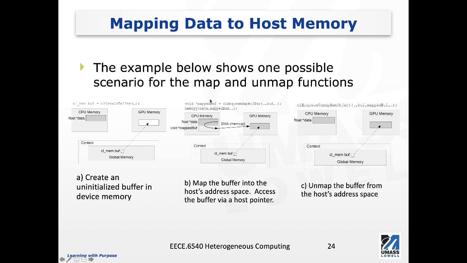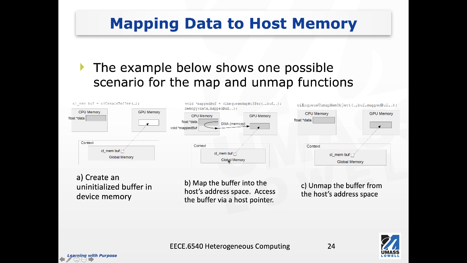As if you do a malloc on the host side, and that returns a valid pointer. So this pointer can then be used in a similar way as when you create such a pointer using malloc. So all the following operations that are performed on this mapped buffer will in fact take place in the device memory. But to the programs on the host side, it sees this mapped buffer as just a regular pointer in the host memory.